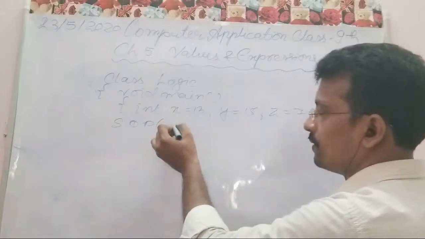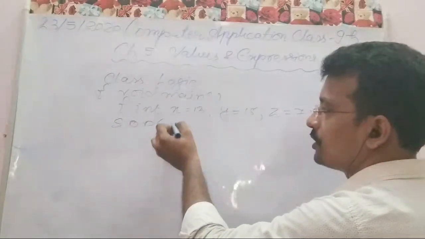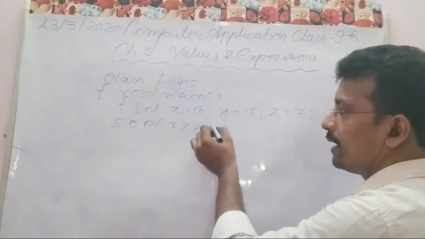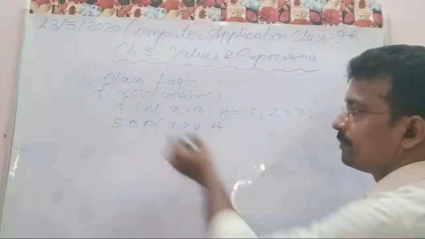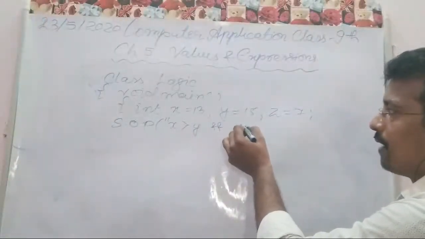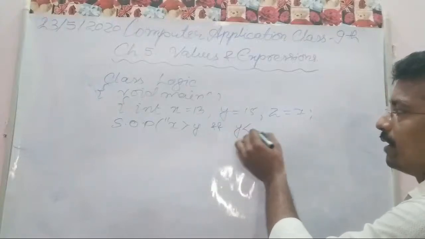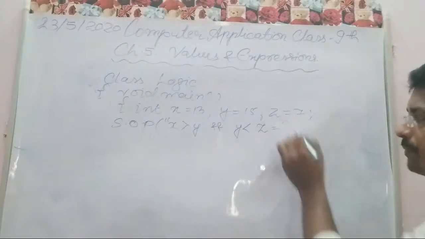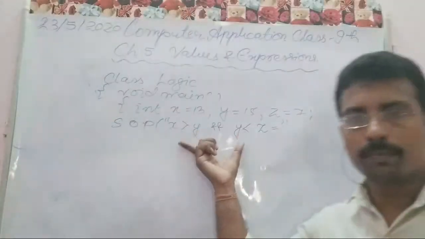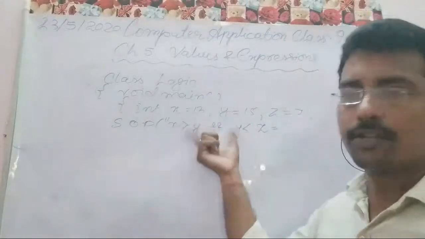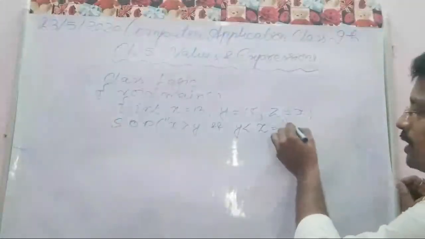After that you will write a condition, x is greater than y, and in the message part, and y is less than z. You are going to combine these two conditions with the help of the AND operator. So see what it is going to present as a result.